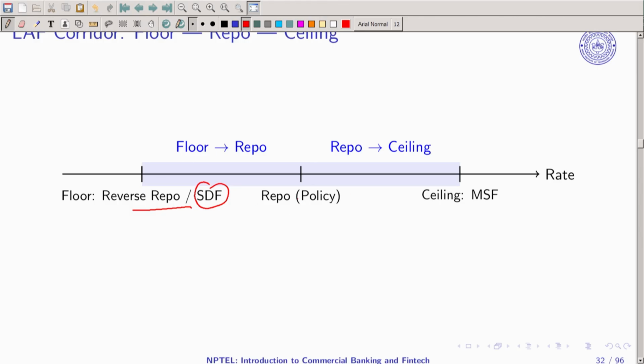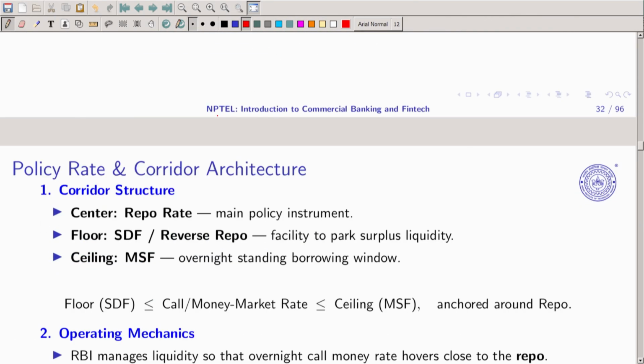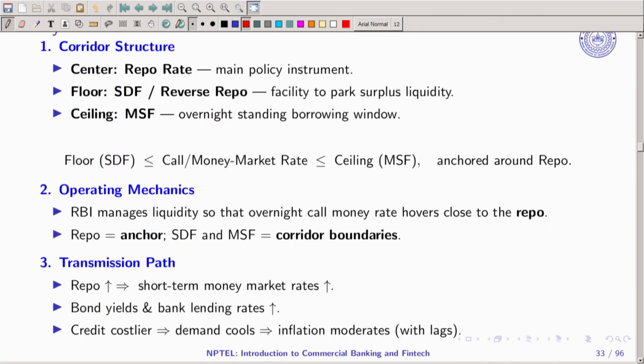And then repo comes in between, and as the ceiling, here you have the marginal standing facility. So you have the floor decided by reverse repo and SDF, the ceiling is MSF, and in between is the liquidity adjustment facility, which we call LAF.